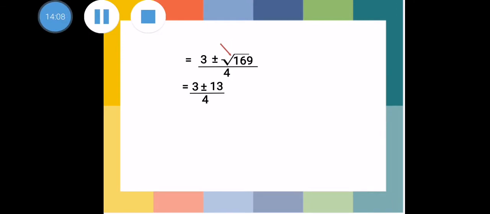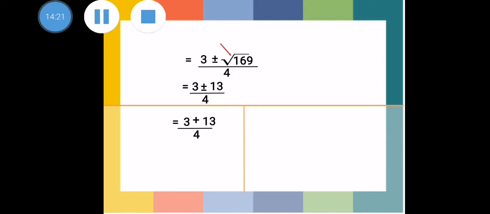So, para makuha po natin ang roots, paghihiwalayin natin, no? So, kunin natin muna ang sum. So, 3 plus 13 over 4. So, 3 plus 13 ay 16 over 4. So, 16 and 4 ay divisible po siya sa 4 pareho. Kaya, i-divide natin. 16 divided by 4 ay 4. 4 divided by 4 ay 1. So, the first root is positive 4.